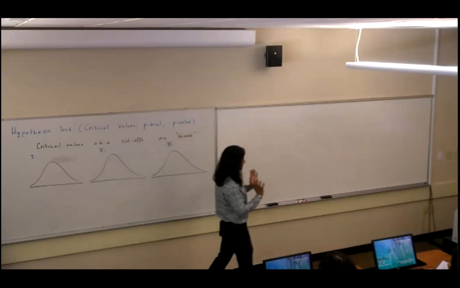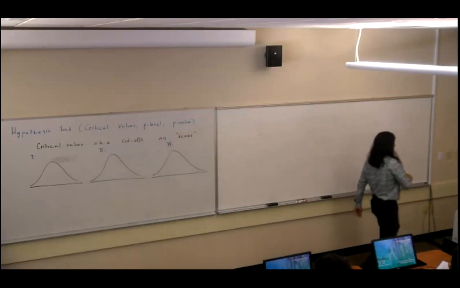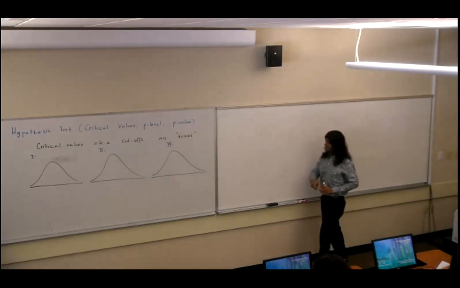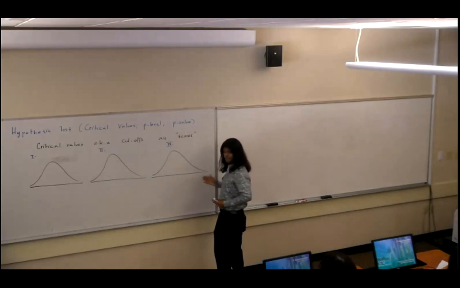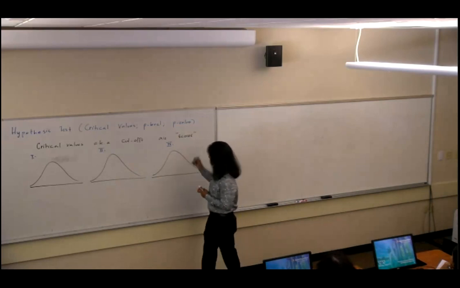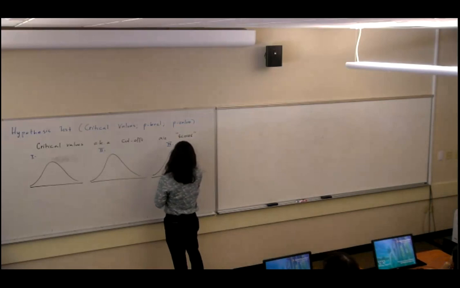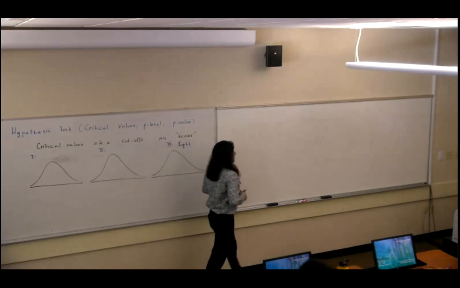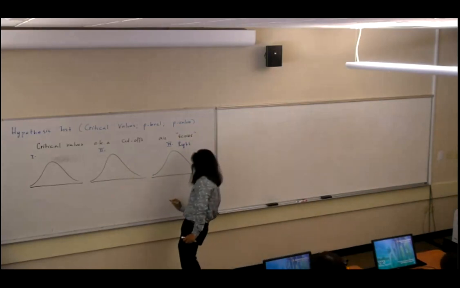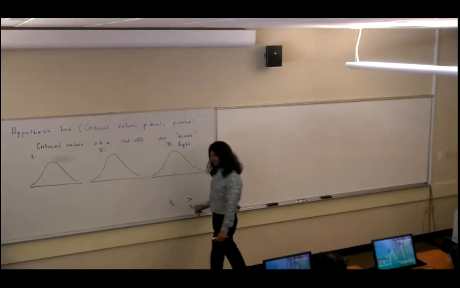So the farther we moved away from the center, which is our reference distribution, we concluded that we need to reject the null. So I've got to move farther and farther in this direction. Good. So, right. Greater than inside.